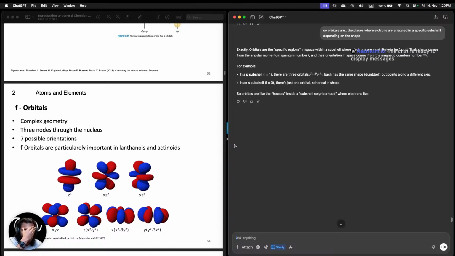What do I write? Spherical shape. How many electrons? s has 2, p has 6, d has 10, f has 14.